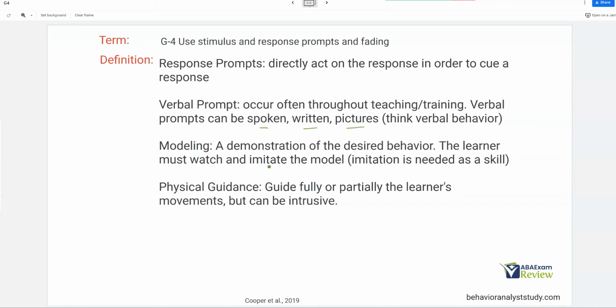But with modeling, you're going to demonstrate the response you want to see. Again, acting directly on the response. And then, of course, physical guidance is the most intrusive response prompt we have, right? We have partial physical, full physical, and graduated guidance, where we are physically guiding either fully or partially the learner's movements. So again, acting directly on the response.